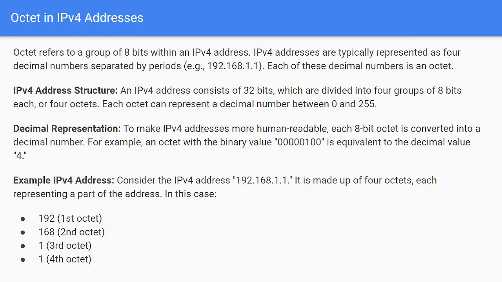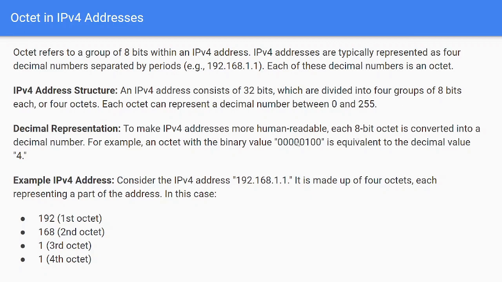To make IPv4 addresses more human readable, each 8-bit octet is converted into a decimal number. For example, an octet with a binary value of 00000100 is equivalent to the decimal value of 4. So basically it's like binary conversion.